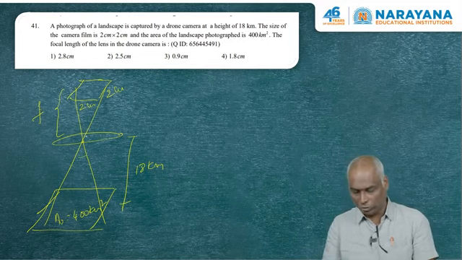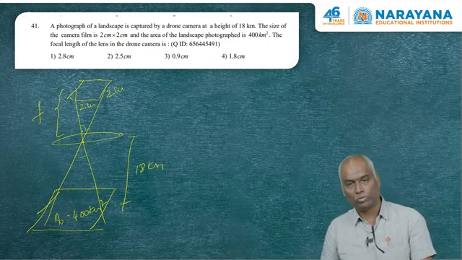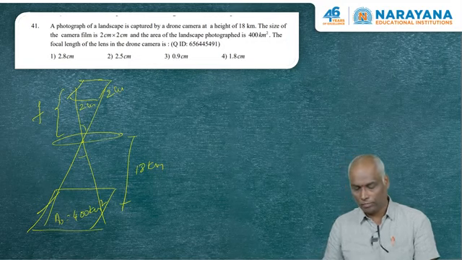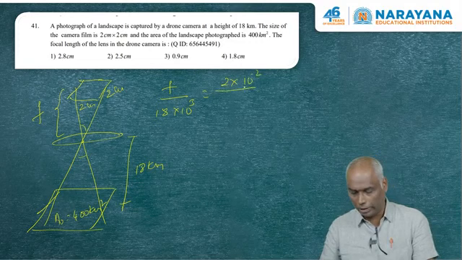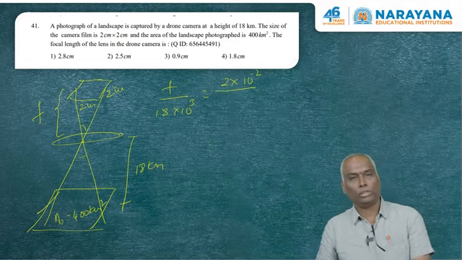As these two angles are equal, we can compare the triangles. When we compare the triangles, we get F divided by 18 into 10 to the power of 3 equals 2 into 10 to the power of minus 2 divided by the side of the object.